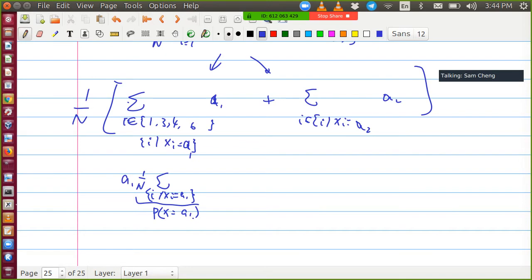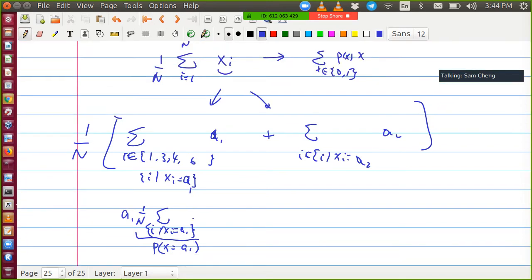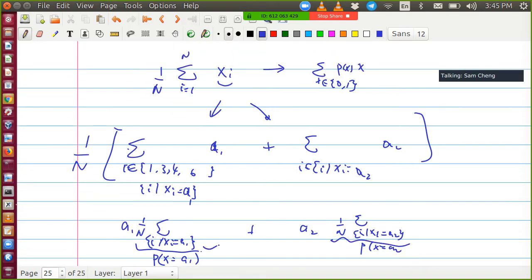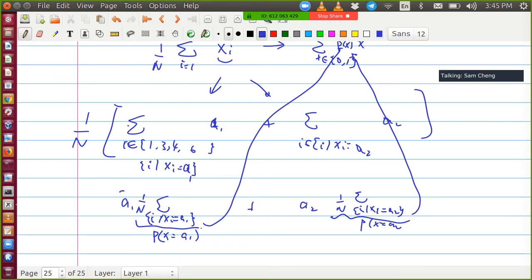And similarly, this approximates the same for A2, p(x) equal to A2. So that's the thing coming from here, that's the P, and then x is here. X is A.